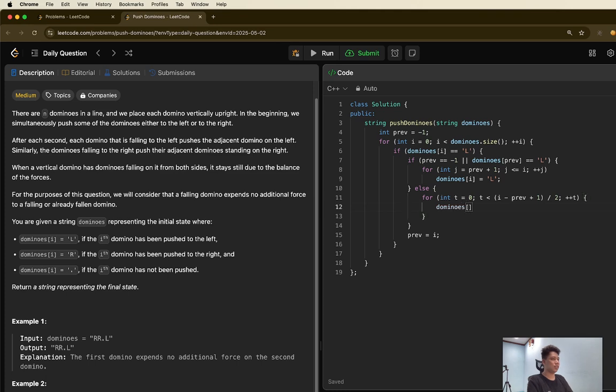The left side is plus T. The Domino from the right is E minus T, and E minus T is equal to left.